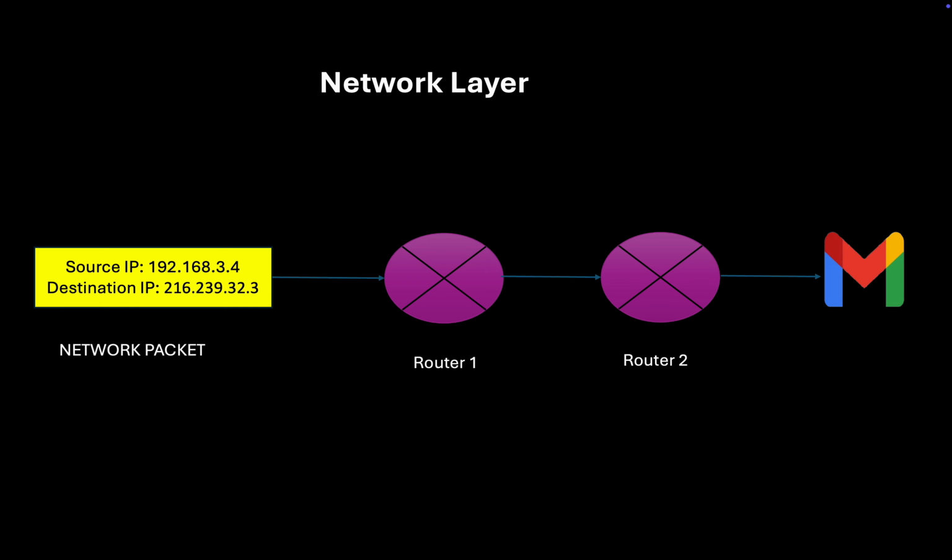IP address is responsible for communicating over the internet. The source IP will be the IP address of our computer where the mail is getting sent, and the destination IP is the mail server. To reach the mail server, it will route through different routers, to optimize the route. Everything will be taking place in this network layer.